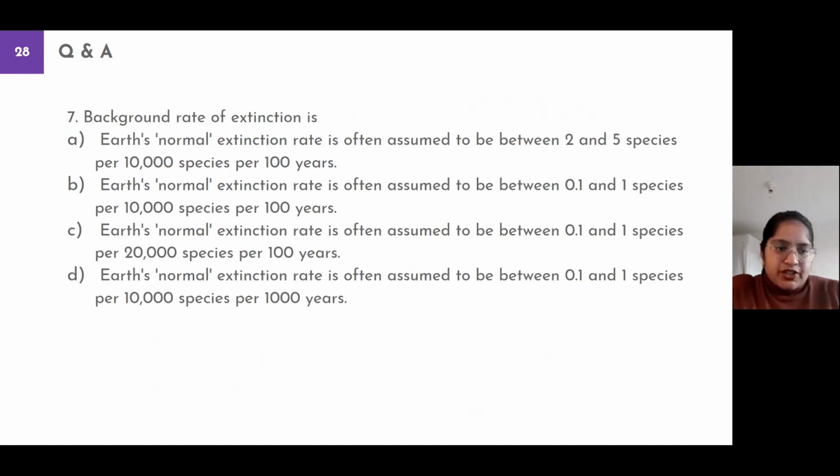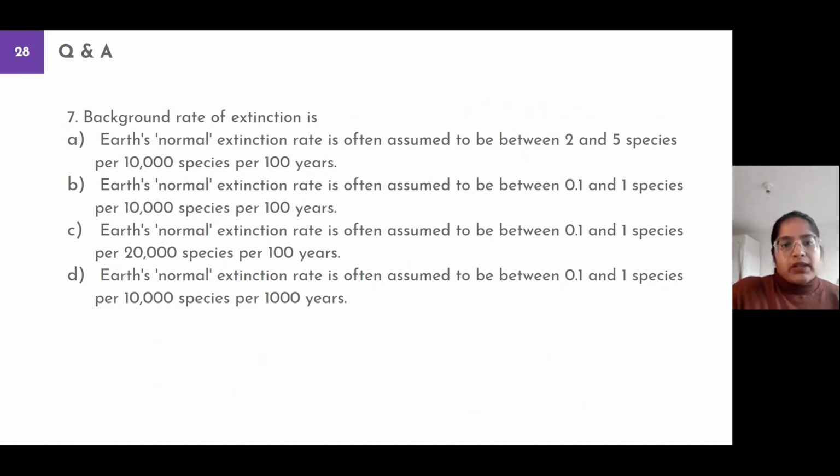Moving on to question 7: what is the correct definition of background rate of extinction? Is it A, Earth's normal extinction rate is often assumed to be between 2 and 5 species per 10,000 species per 100 years?